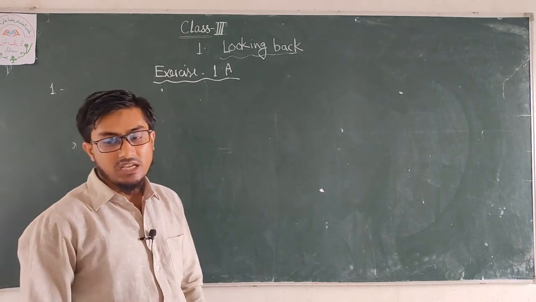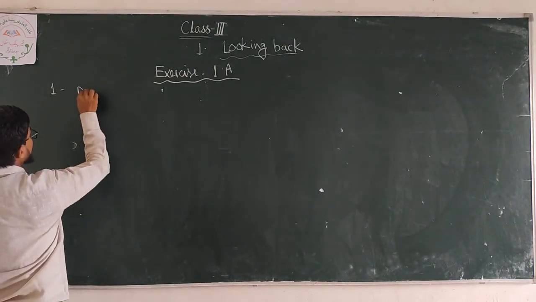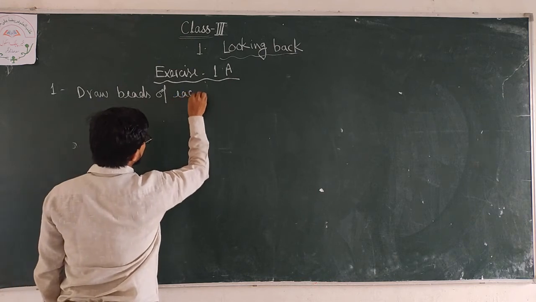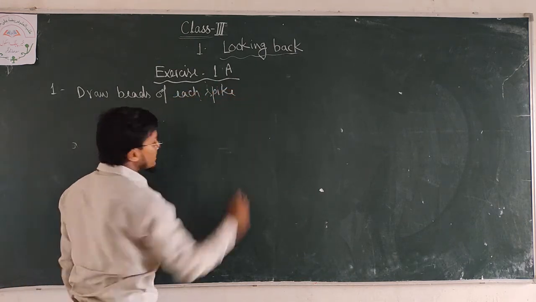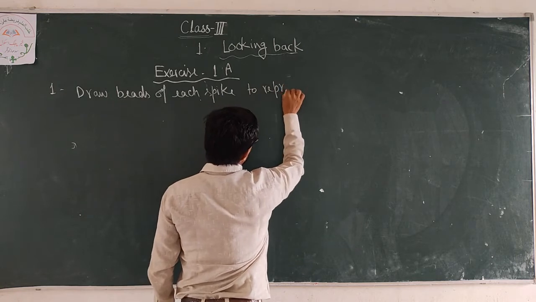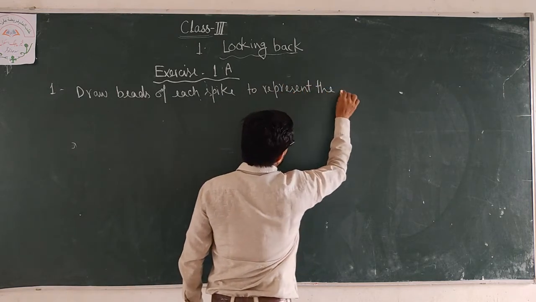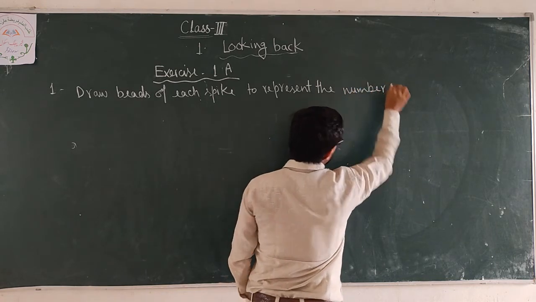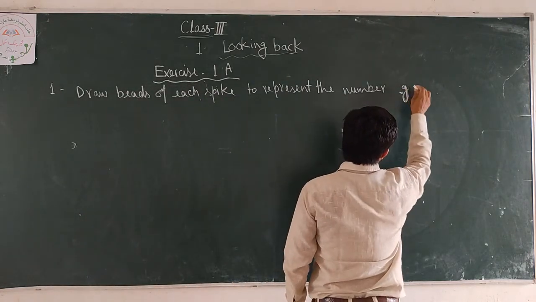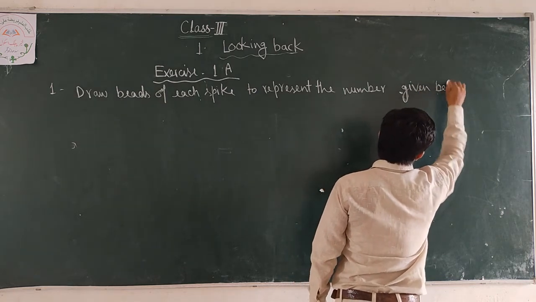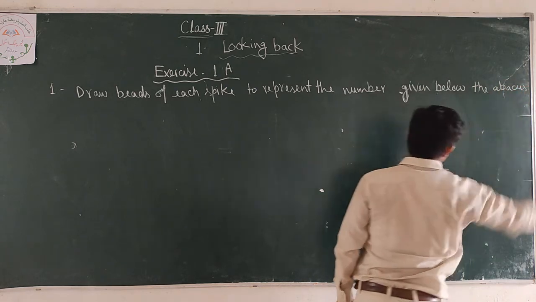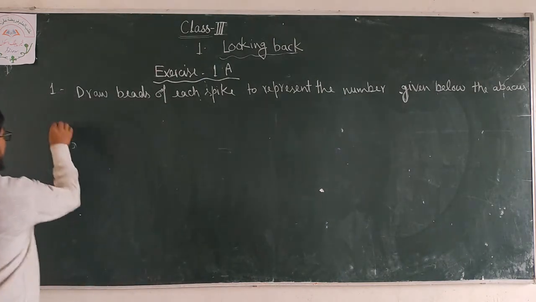Draw beads on each spike to represent the number given below the abacus. What is given below the abacus?